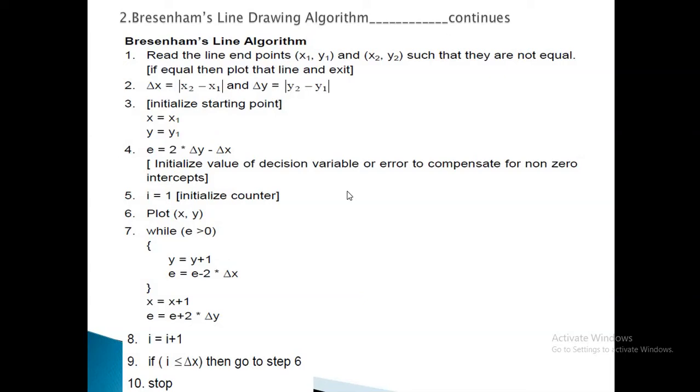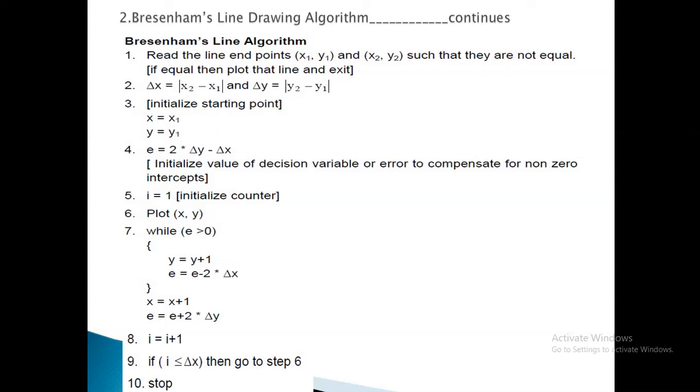With the help of this decision variable we find the nearest pixel. Then we check whether E is greater than or equal to 0, or less than 0. If E is greater than or equal to 0, y is equal to y plus 1, x is equal to x plus 1, and then E is equal to E minus 2 into delta x. Otherwise, E plus 2 into delta y minus delta x. While E is less than 0, we find only the x coordinate, not the y coordinate: x is equal to x plus 1, and E is equal to E plus 2 into delta y.